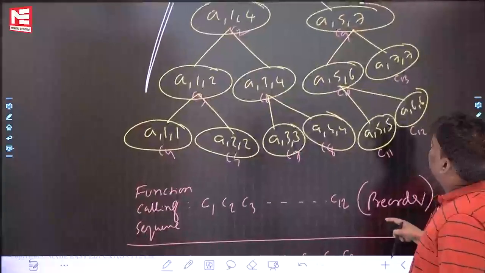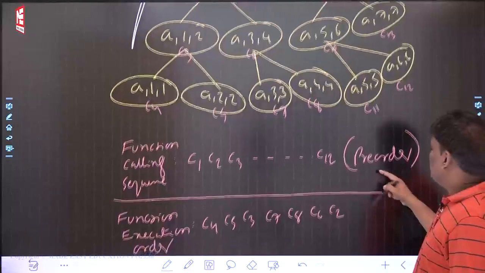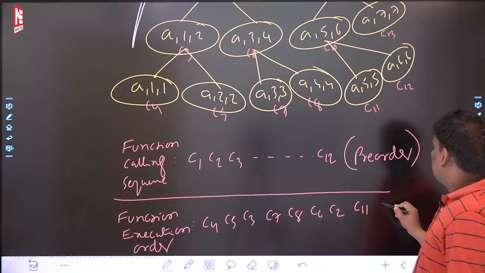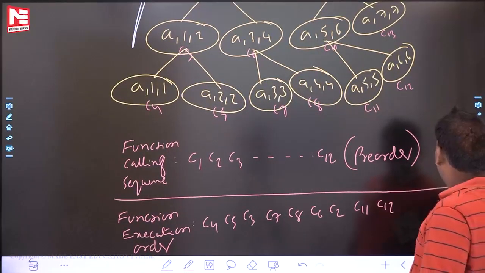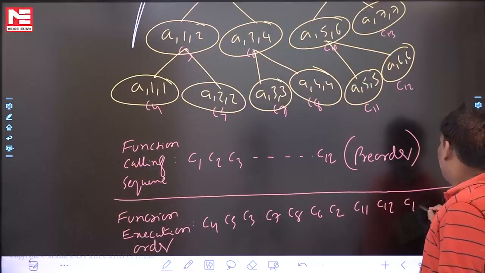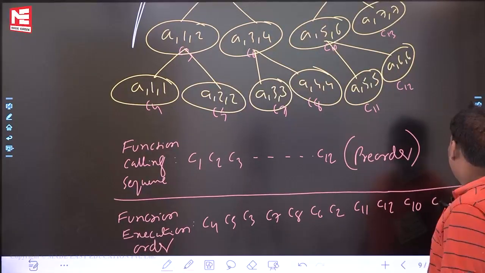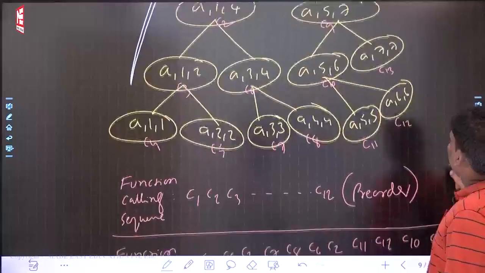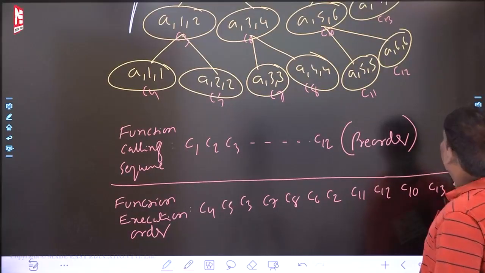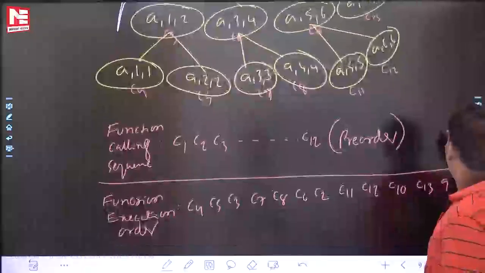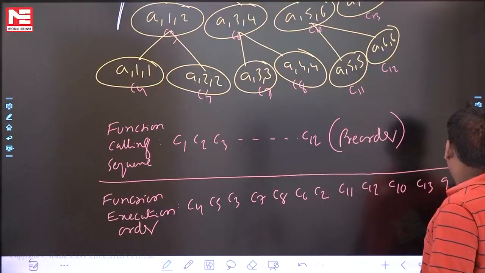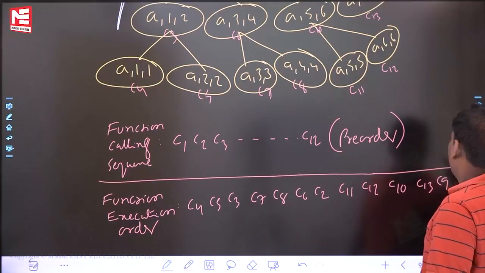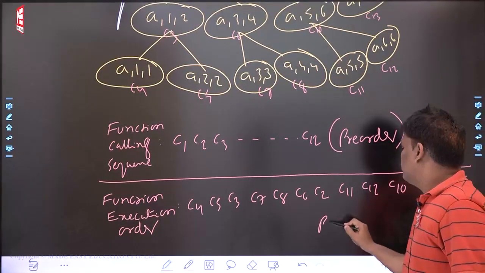After C2, what is the next one? C11, C12, C10, next one C13, next C9, next after C9, C1. This is called post order.